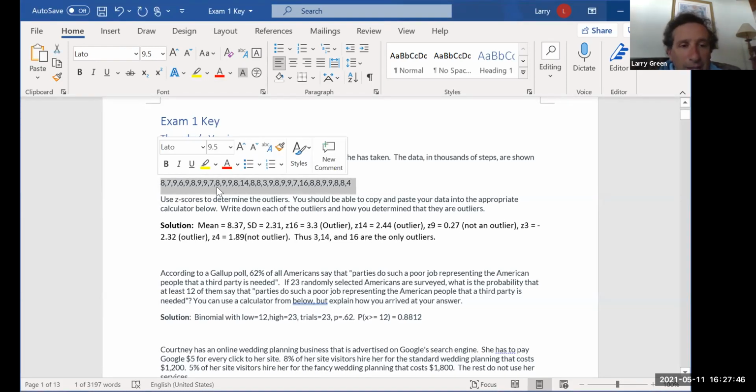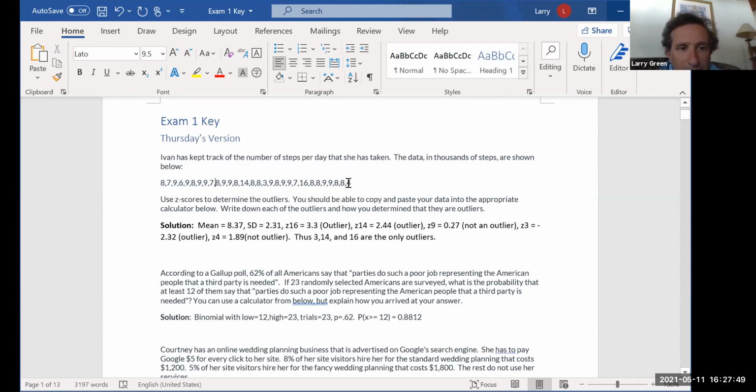The way you look for outliers is you find the minimum, and you'll notice the minimum is 3. So you find the Z score, using the mean and standard deviation from the calculator, when your value is 3. When I do that, I get -2.32, so that's an outlier.